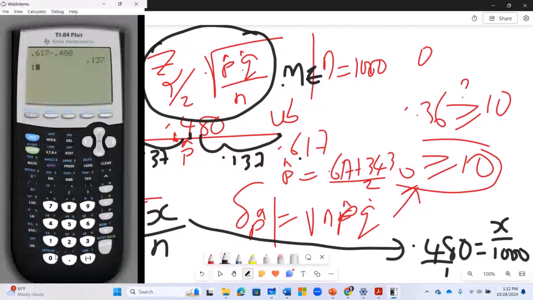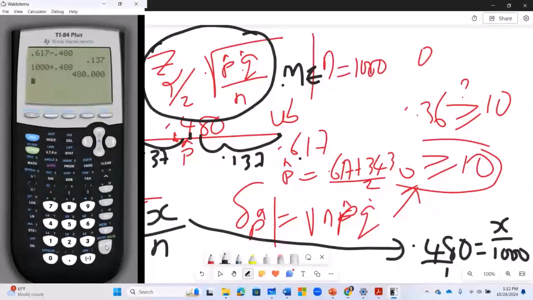So I have 1,000 multiplied by 0.480, and my answer is 480 people. So 480 people was the number of successes out of 1,000.